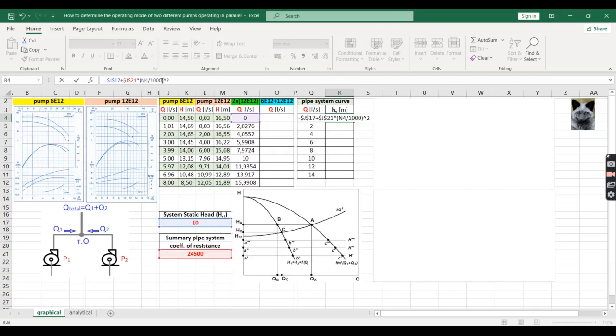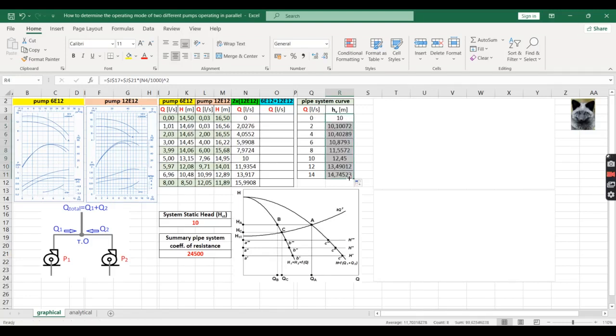So here it is. Now we are ready to estimate the energy loss. Of course, when the flow rate is 0, the energy loss in the pipe system will be equal to the static head. And now let's see what the rest of the values will be. Okay, here it is.